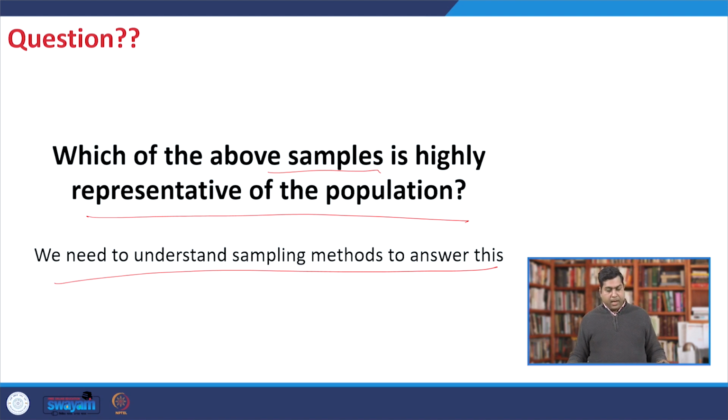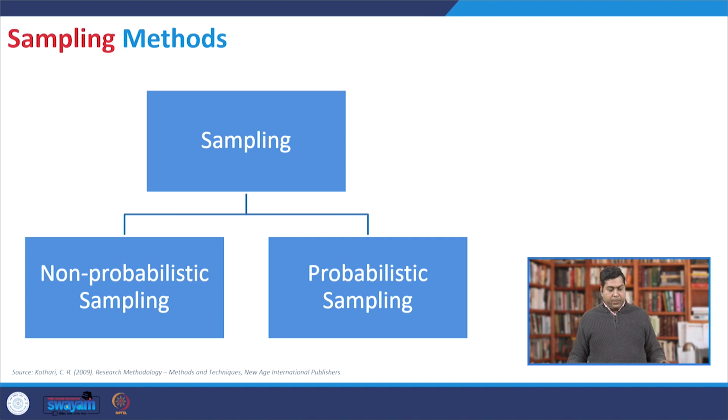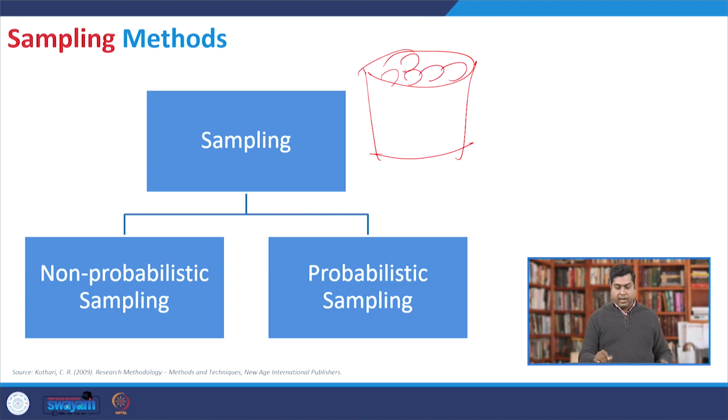Now what is the meaning of sampling? It is the process of selecting a sample, as simple as that. Say you have a bucket of fruit, and how you select. These are questions we have done in our mathematics or statistics class as well: there are, say, 20 balls in a bucket and you select one in a particular sequence, and once you select it you cannot give it back to the bucket.